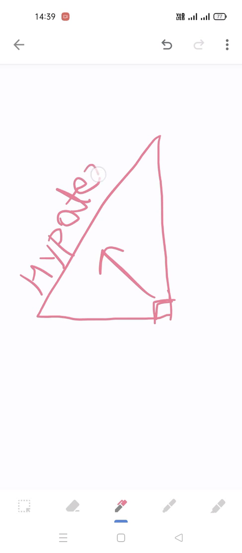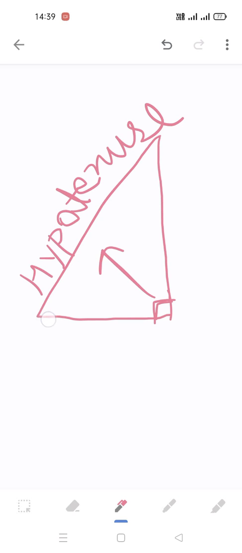The side opposite to the 90 degree angle will be your hypotenuse. Hypotenuse is the largest side of a right angle triangle. This is also a fun fact for you all, guys.